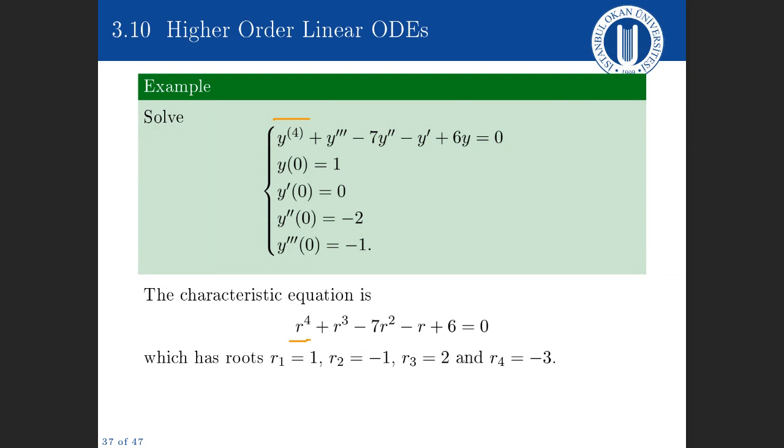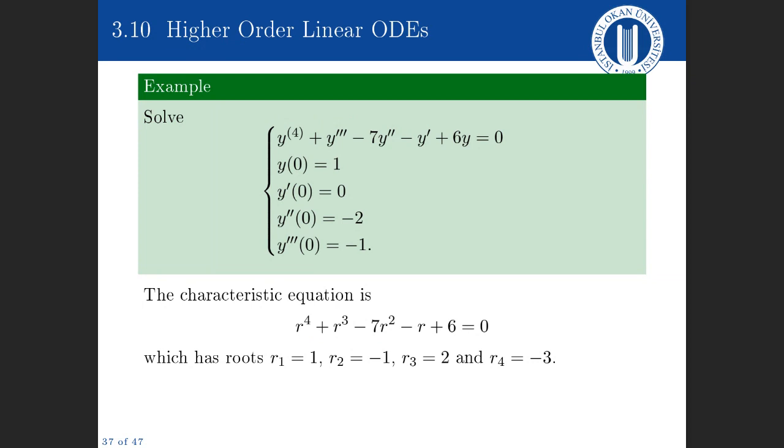And then we had y triple prime, so plus r cubed. And then minus 7y double prime, so minus 7r squared, etc. Exactly the same ideas as for second order linear equations. And I'll just tell you that this characteristic equation has roots 1, minus 1, 2, and minus 3.